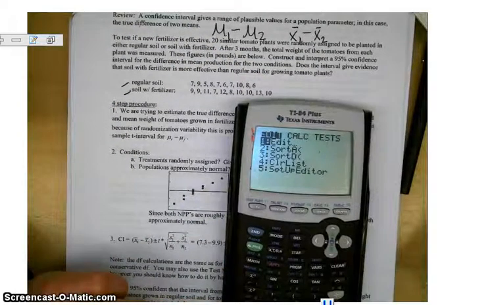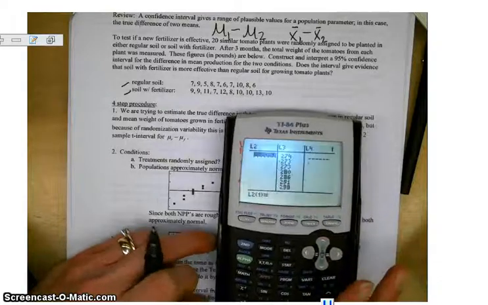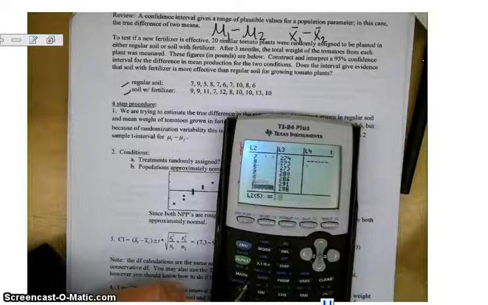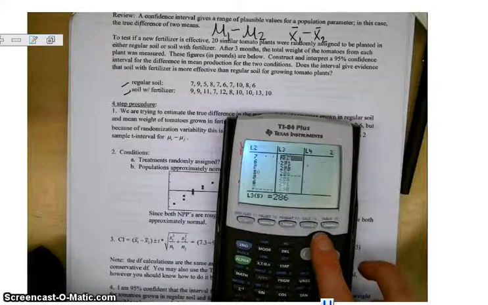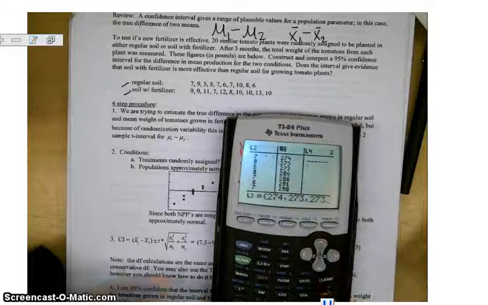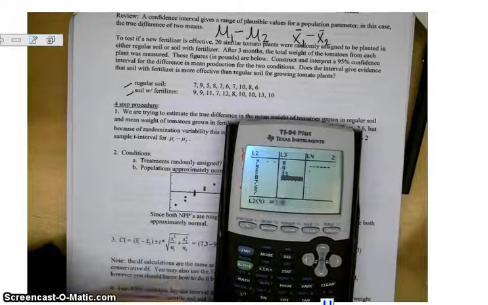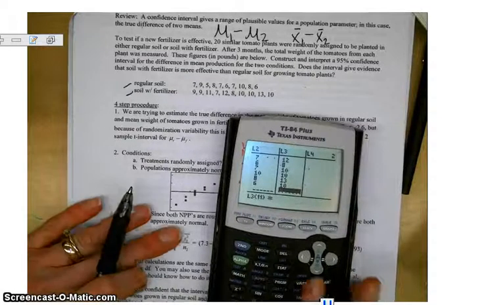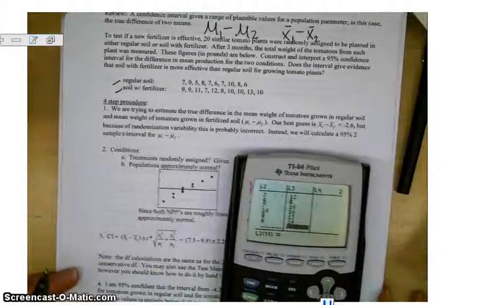So stat, edit, and I'm just going to put regular soil in the first list, and then fertilized soil in the other list. Then you can do the test with us and do the normal probability plot.